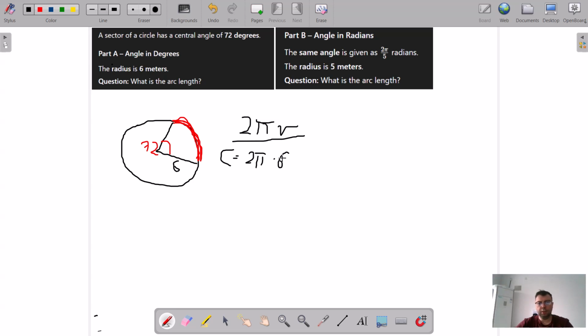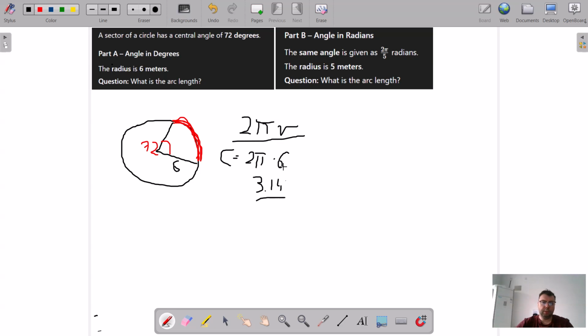Pi, if you remember, is 3.141 approximately, because it has infinite decimals. But we can remember just 3.14. That's fair enough.